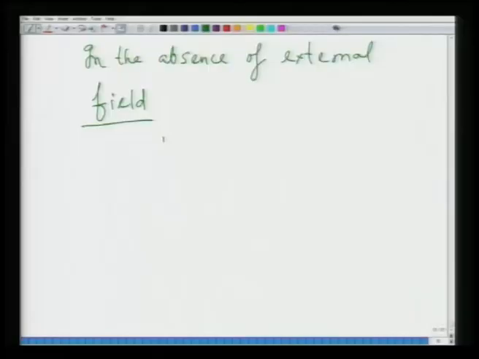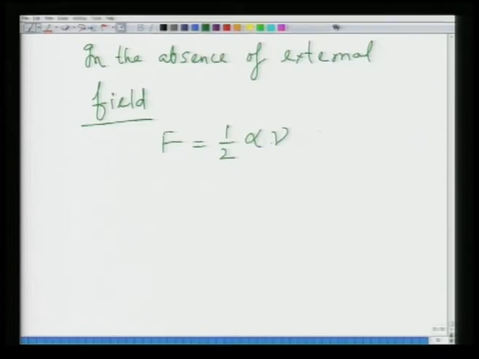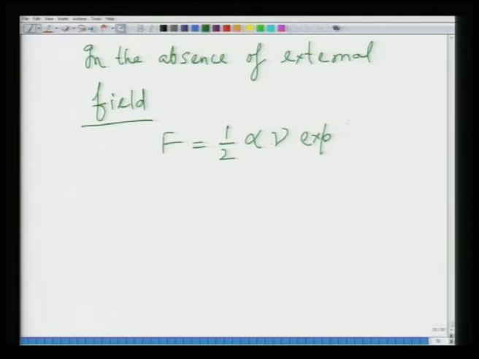Let us say the probability is F. F can be given as half, because it can move to either side, times alpha, some coefficient called accommodation coefficient, multiplied by nu, the natural frequency of vibration, multiplied by exponential of minus EA by KT.